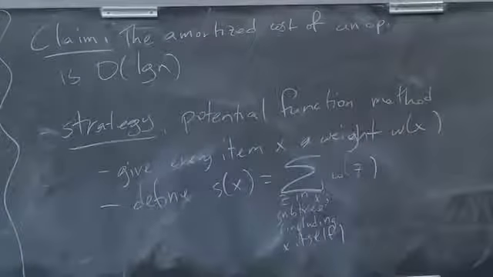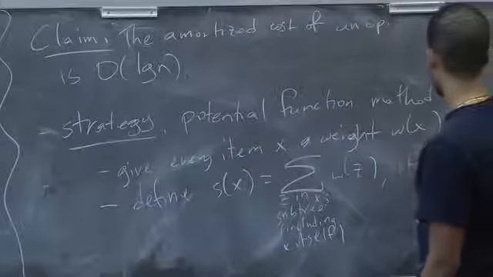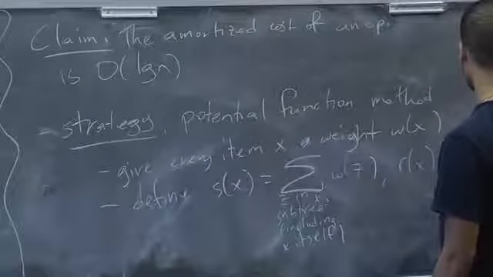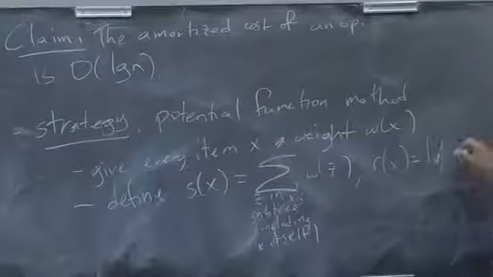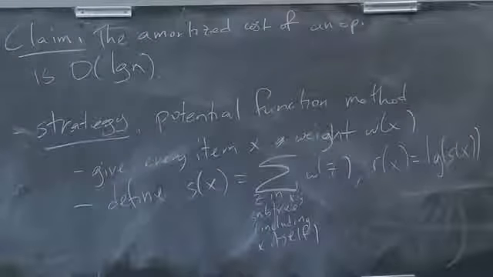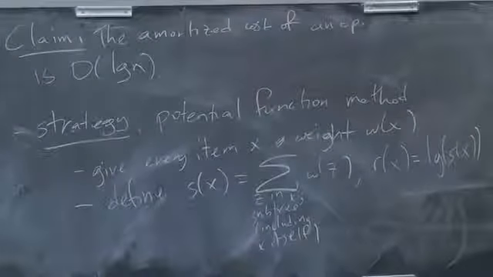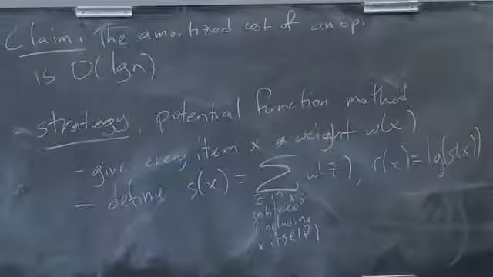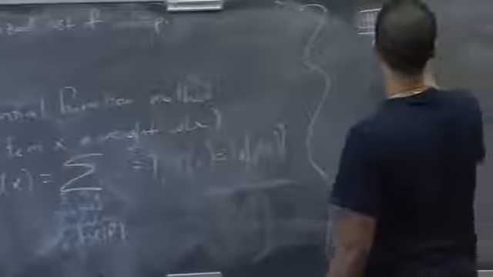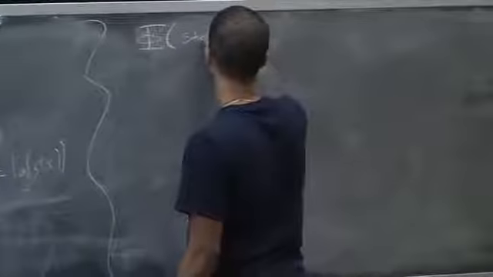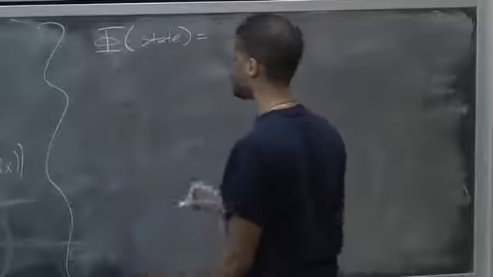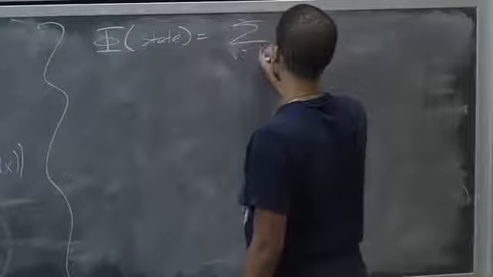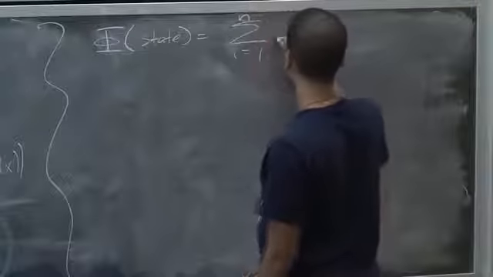So the sum of all the weights in its subtree. And r of x is going to be log of s of x. And then now we can define our potential function. The potential at any given state is the sum i from 1 to n of r of i.